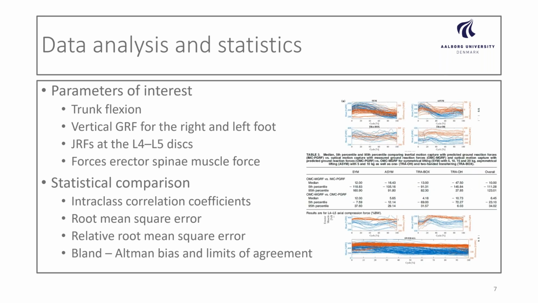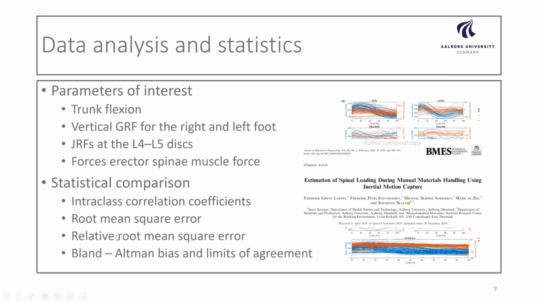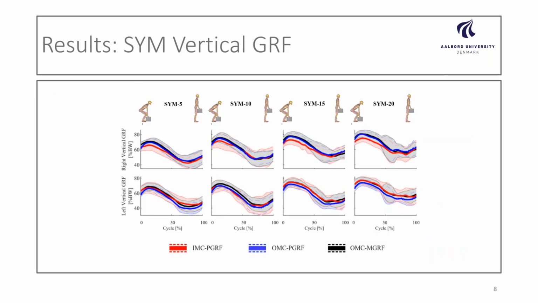And if you're really interested in getting the exact numbers of the intraclass correlation, the root mean square error, the relative root mean square error, or the Bland-Altman limits of agreement, I would highly recommend you to go and look in the study and see all these numbers individually. I will of course highlight some of them, but I will not tell you about all the numbers.